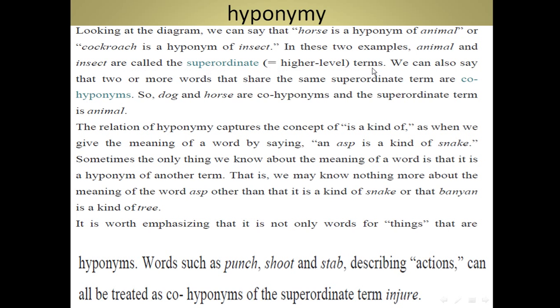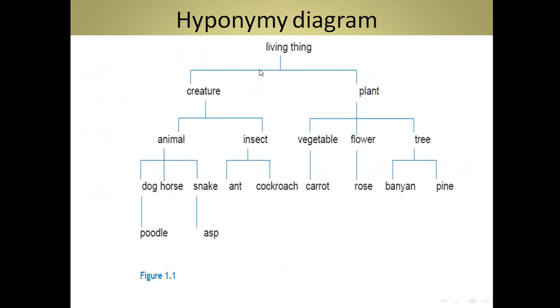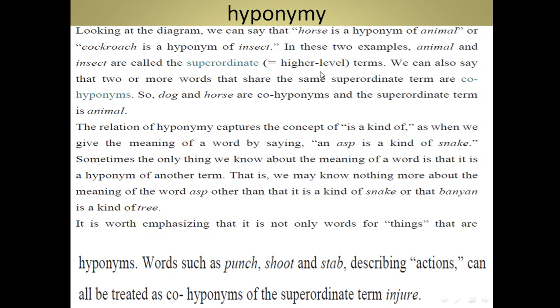We can also say that two or more words that share the same superordinate term are co-hyponyms. So, dog and horse are co-hyponyms, and the superordinate term is animal.